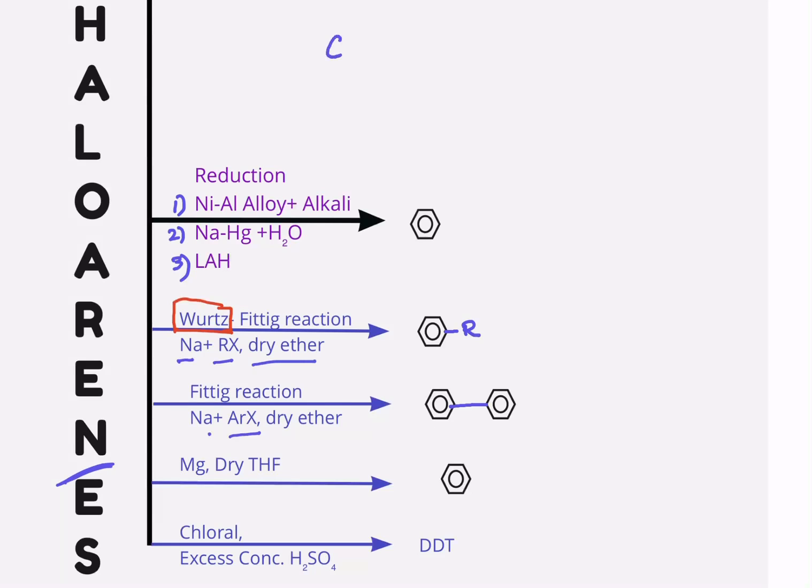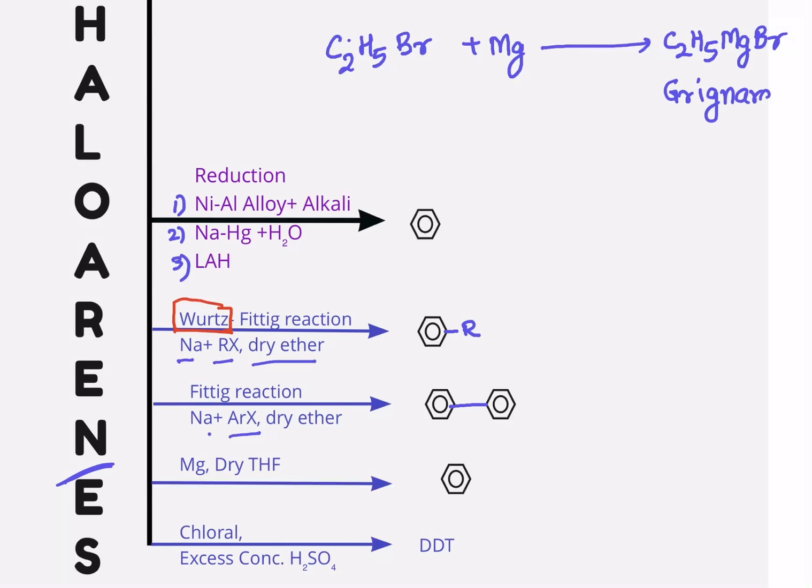Again, I am going to go back to what we've already done. C2H5Br treated with magnesium. What does it remind you of? C2H5MgBr, an important set of organic compounds, what we call as Grignard's reagent, right?